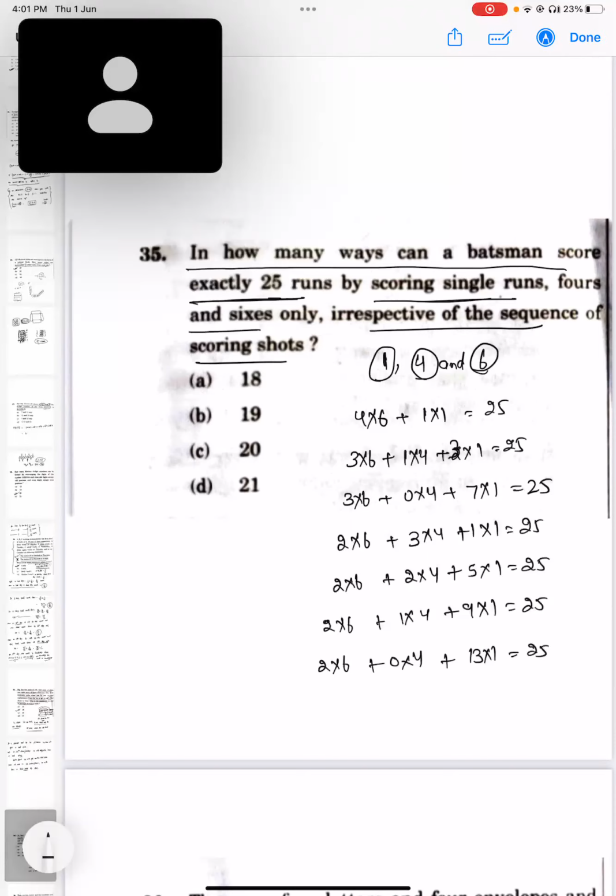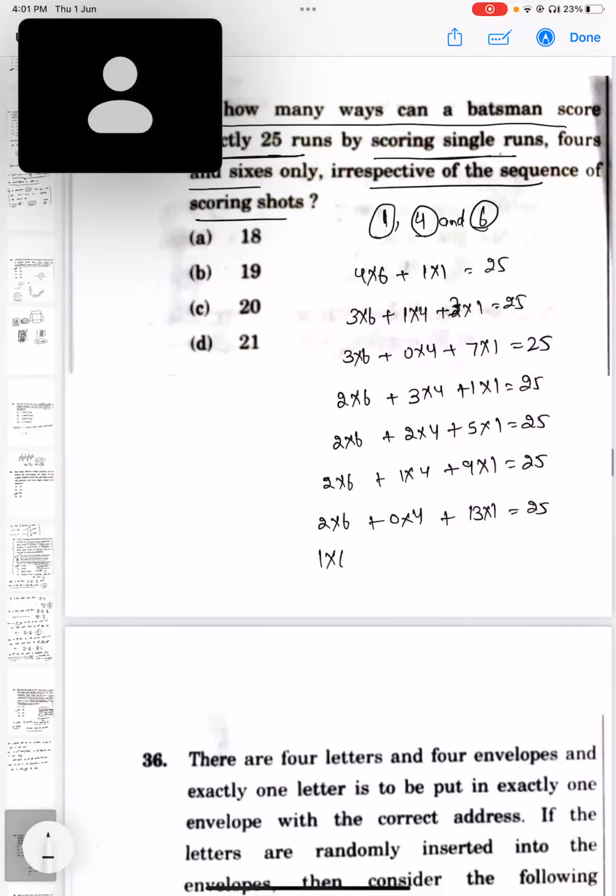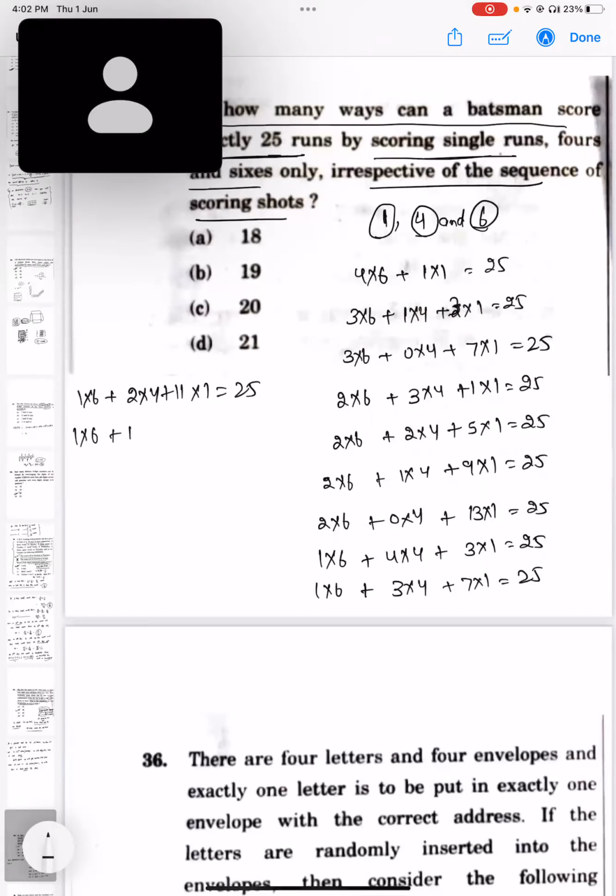Then 1 six plus 4 fours plus 3 ones, 25. 1 six, 3 fours, 7 ones, 25. 1 six, 2 fours, 11 ones, 1 six, 1 four, 15 ones, 1 six, 0 fours, 19 ones, 25.